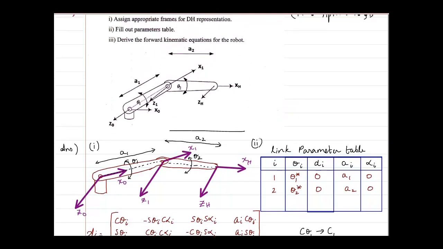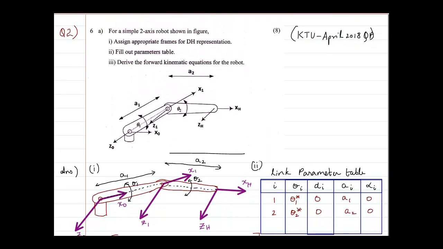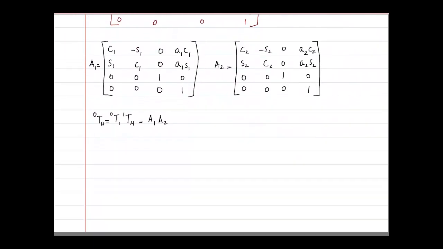Here they have not said anything about the universal frame, so we can rest assured that there is no universal frame. Now the multiplication of this will be slightly lengthy, so let's have a look.